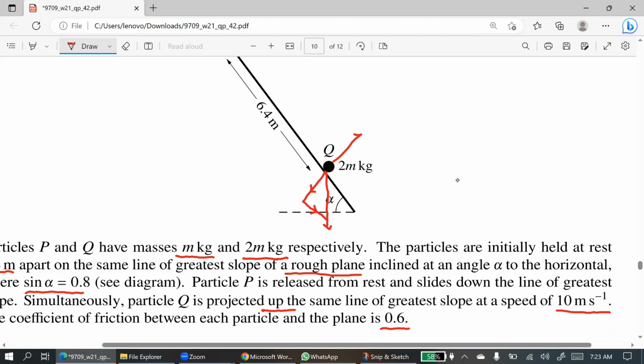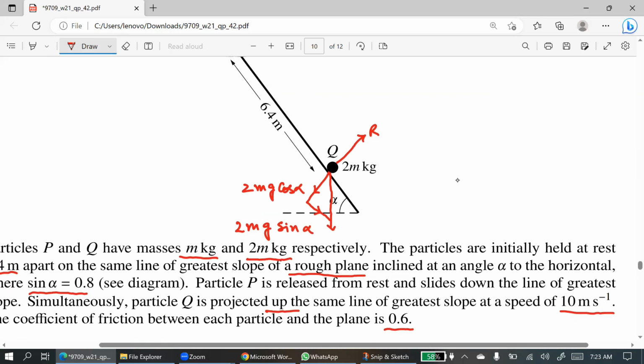This one is the normal reaction R. The component of weight parallel to the plane is 2mg sin alpha, and the component perpendicular to the plane is 2mg cos alpha, and mu R will act down the plane.